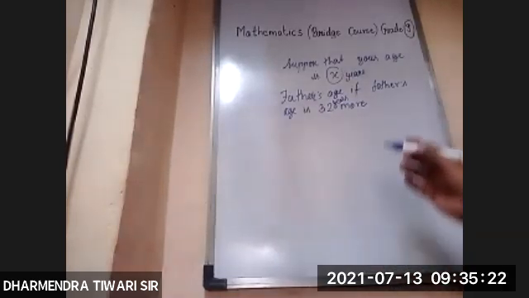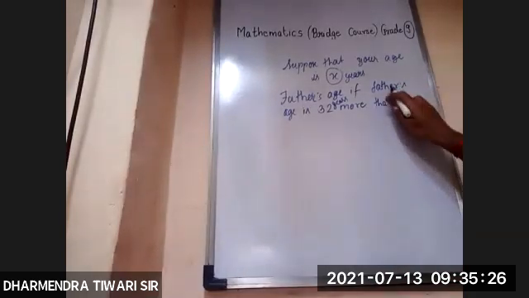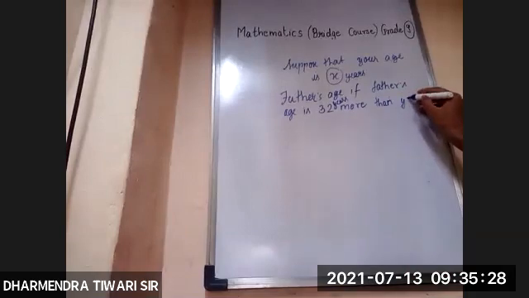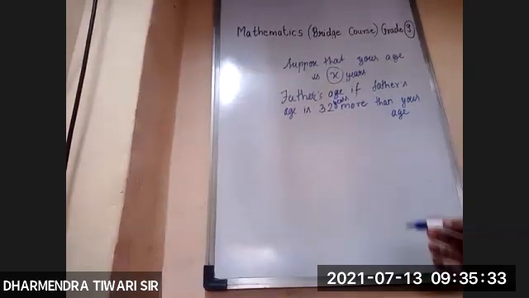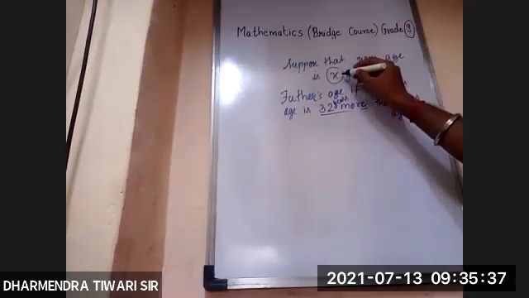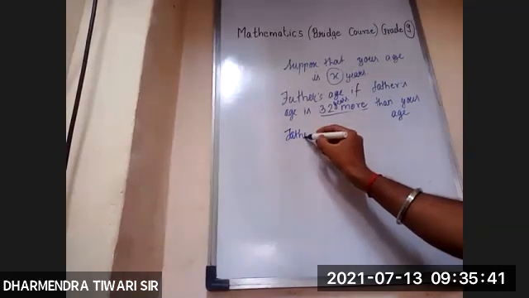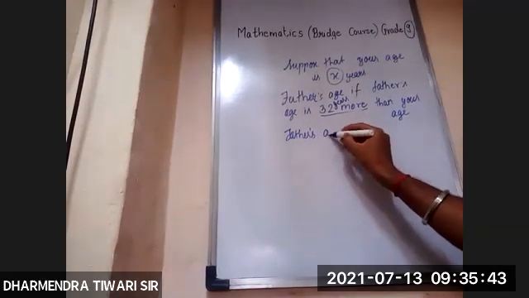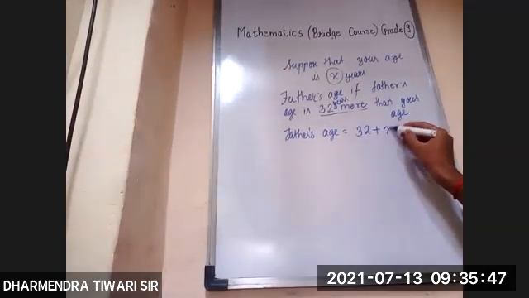32 years more than your age. So you can see that according to this condition, if we add 32 to X, we will get father's age. So father's age is equal to 32 plus x.